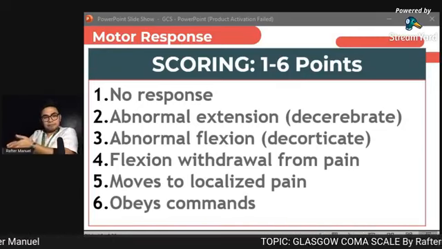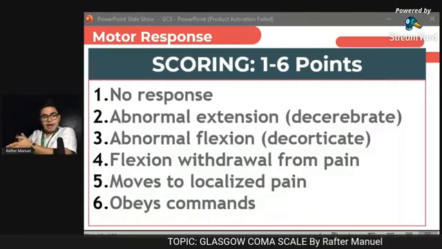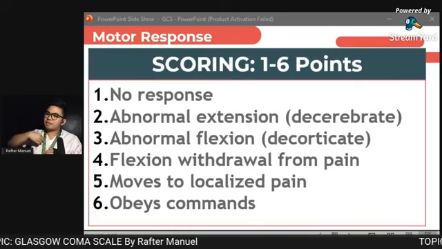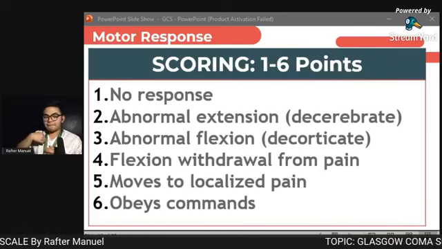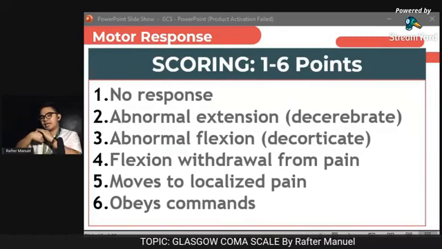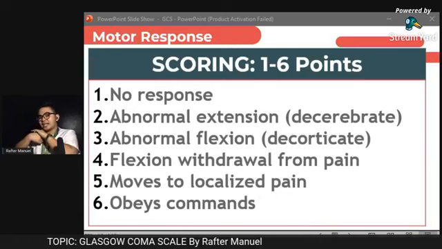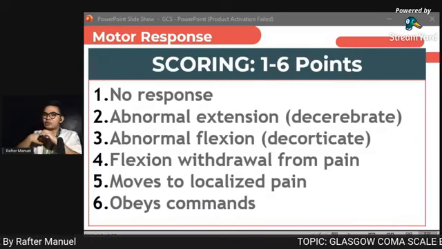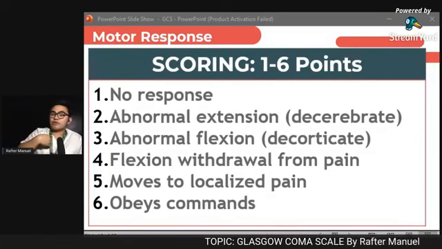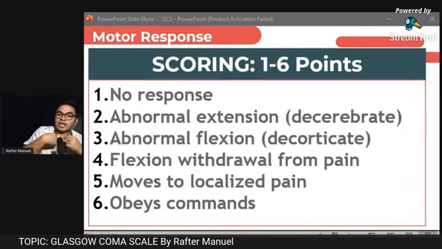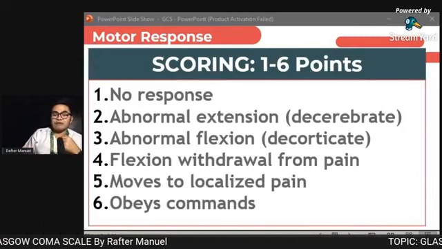Going down again, we have flexion, withdrawal from pain. Kanina, if you're going to pinch the patient in the chest area, if the patient would try to attempt to stop and go to that localized pain, then that is 5 points. However, if the patient would try to withdraw himself or herself away from this painful stimuli, then we give our patient 4 points. That is flexion, withdrawal from pain.